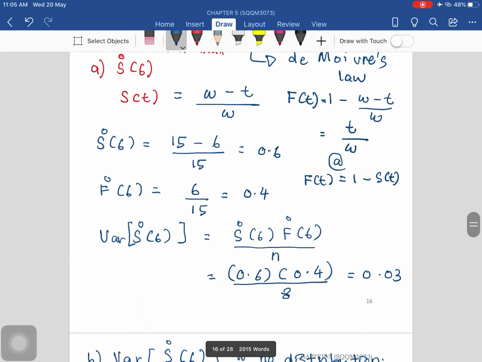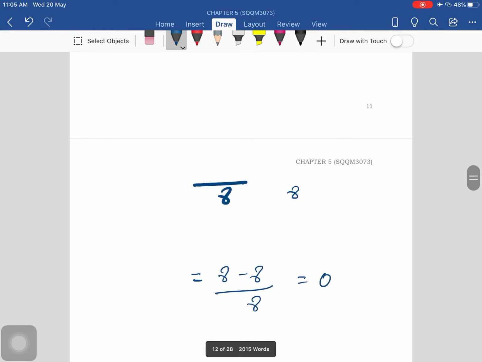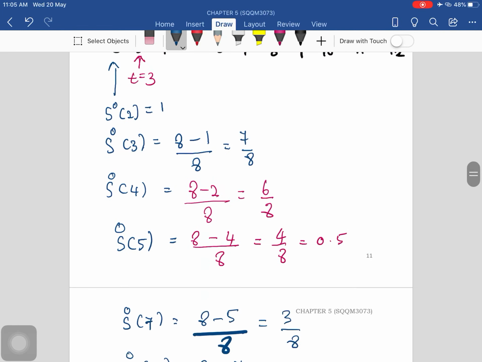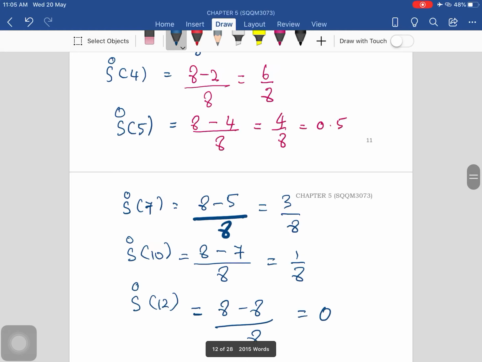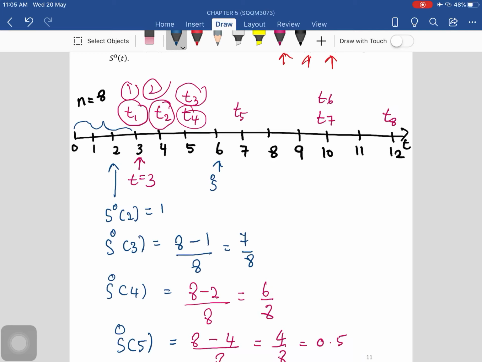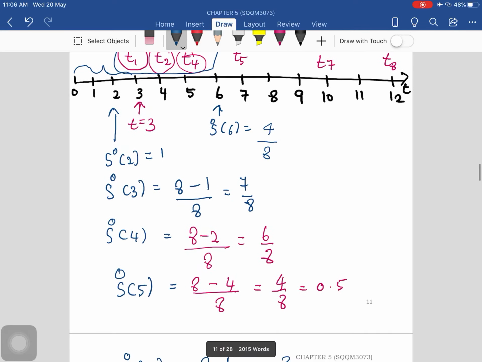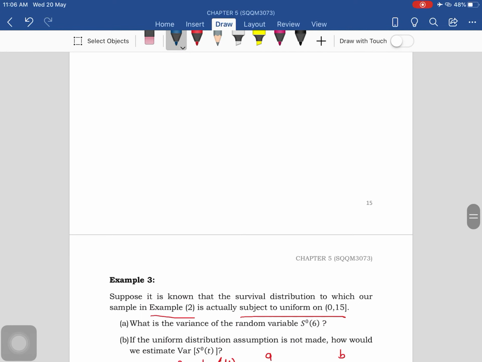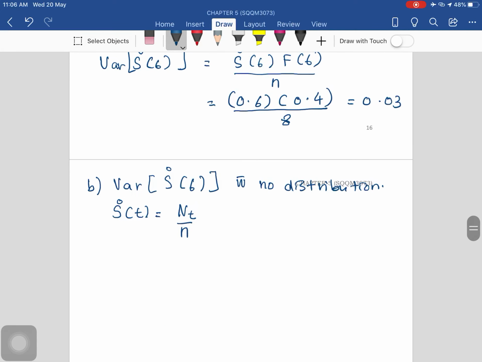So n_t, if you go back to our example 2, S_hat(6) is equal to the number of survivors at time 6 over the sample size. Here 4 people already died, and in total we have 8.